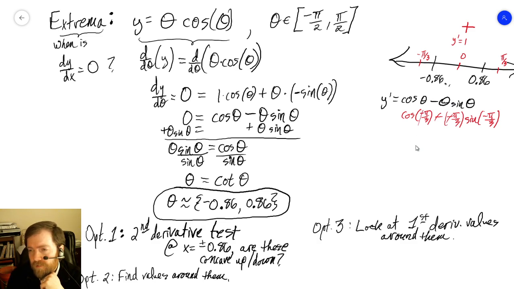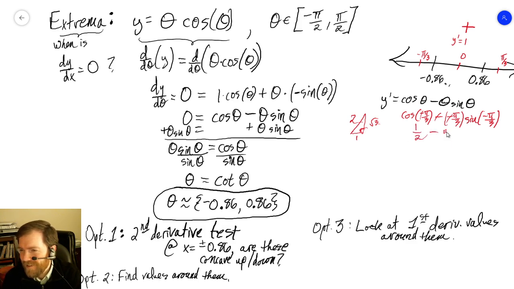Cosine is an even function, so it doesn't matter whether it's positive or negative pi over 3. Cosine of pi over 3, of course I'm going to have to draw the triangle. I haven't done trig in like months now. Yeah, so that's 1, 2, root 3 here. Cosine's going to be a half. Shameful, I know. All right, minus pi over 3 times the sine of pi over 3, which is root 3 over 2.